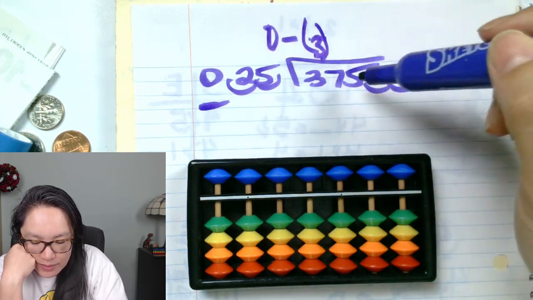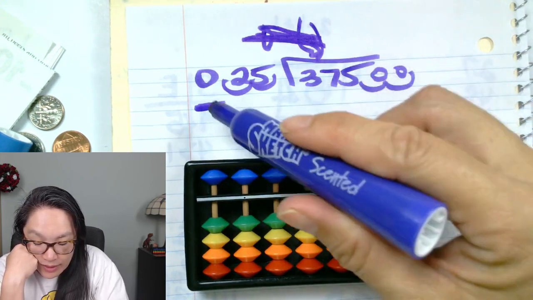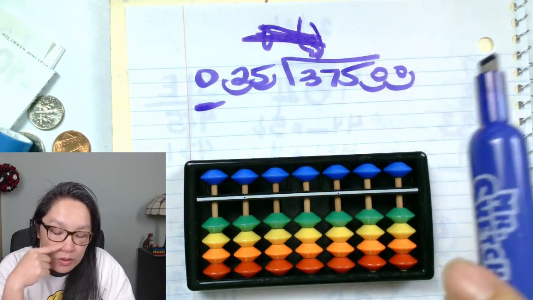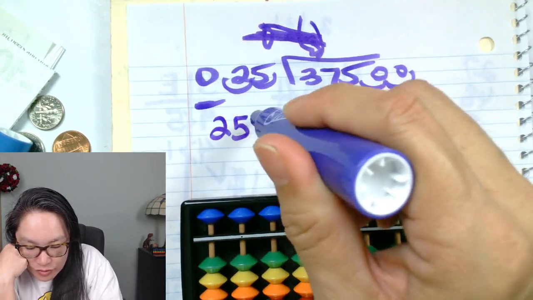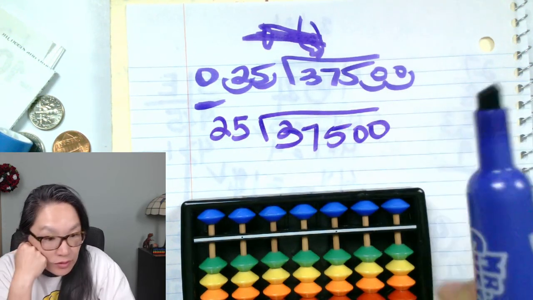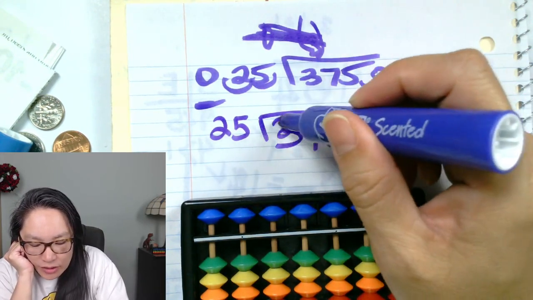This would be 3 somehow. Would it be 3? I had it and then I forgot it. But you would still move the decimals. You could do that. So then we'll be left with 37500. So adjust the problem beforehand. I think so. I think it's just cleaner if you adjust the problem.